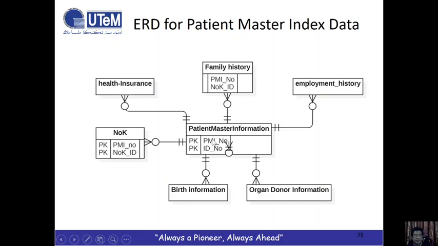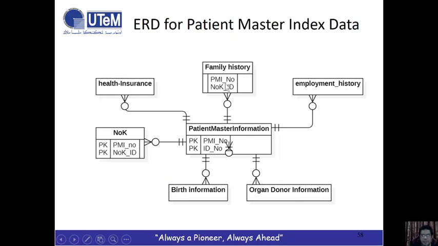You already model what is a primary key, for example, patient master index number, ID number. Let's say you don't have any idea on organ donor information, so you just leave it and focus on the main entity first and the main attributes to make up the entity.